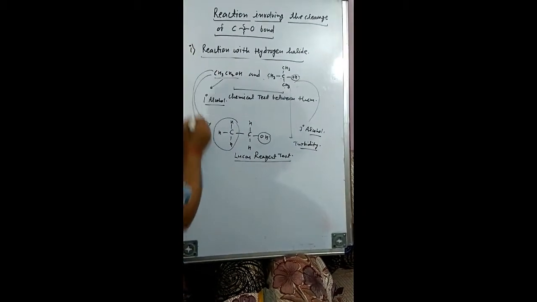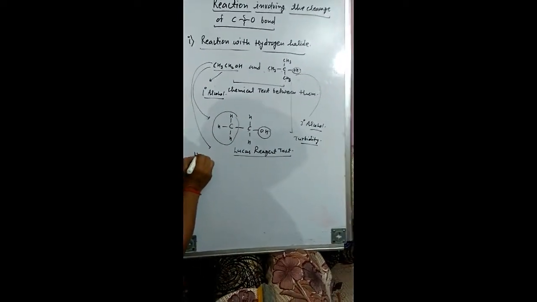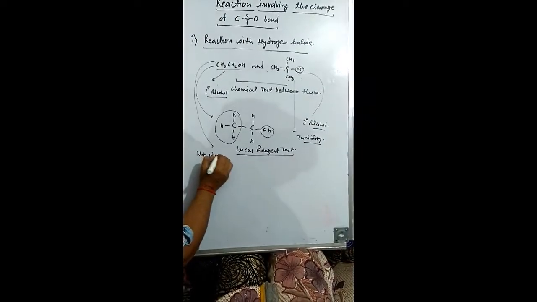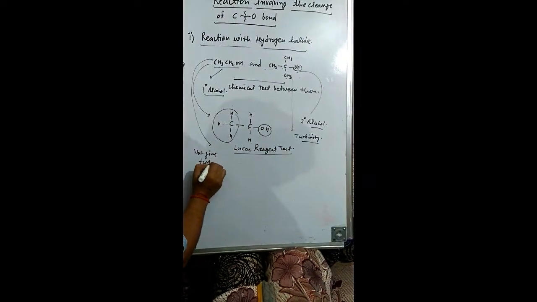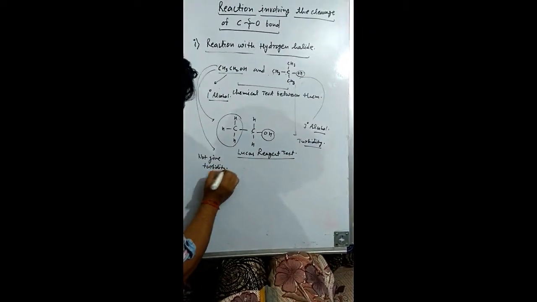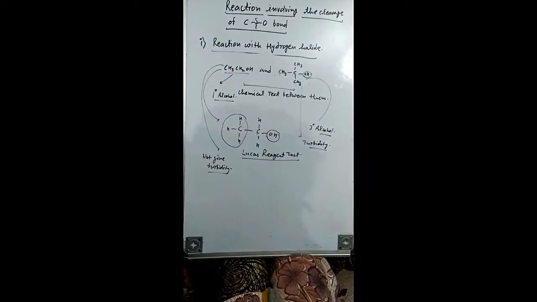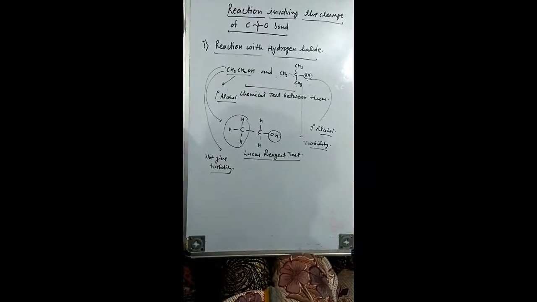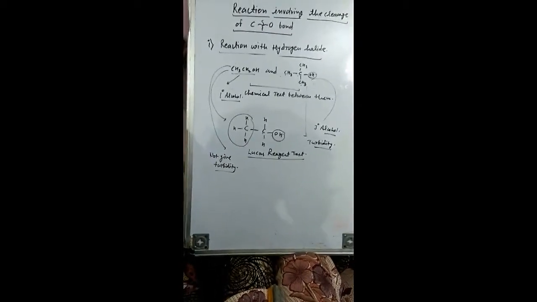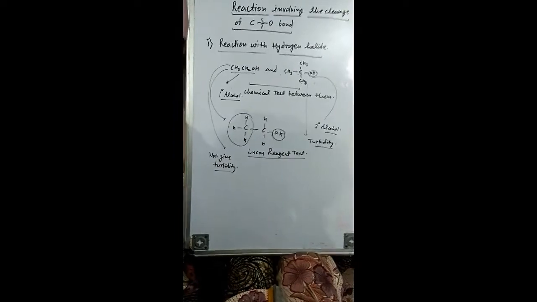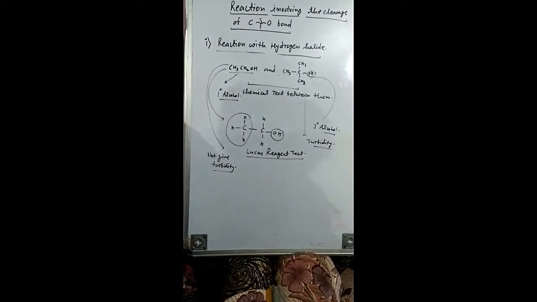And this is a primary alcohol, so it will not give turbidity on adding the Lucas reagent at room temperature. So this is the chemical test and easily we can identify it. I hope you have understood the chemical test between primary, secondary and tertiary alcohol.